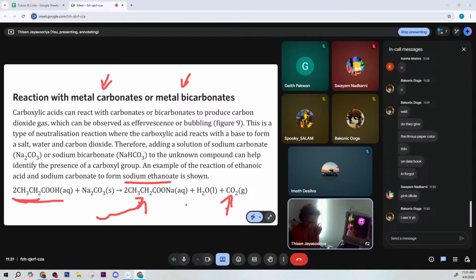That's what I mean. So if we have a carboxylic acid and we react it with a bicarbonate, we should see some sort of carbon dioxide being produced from this reaction, and that indicates here that we have a carboxylic acid present.